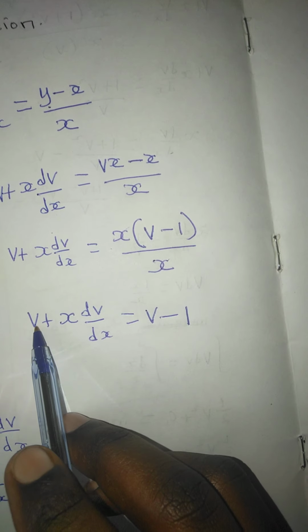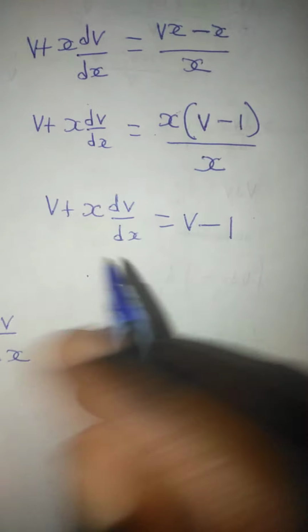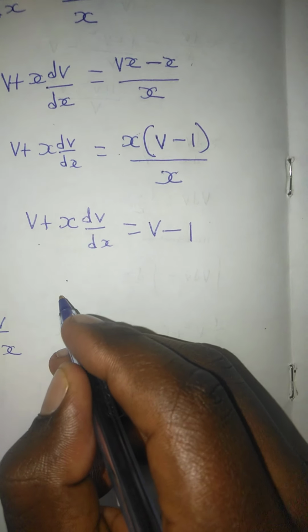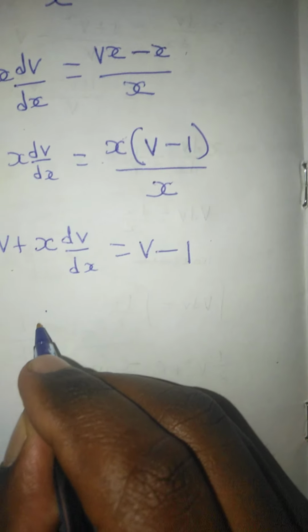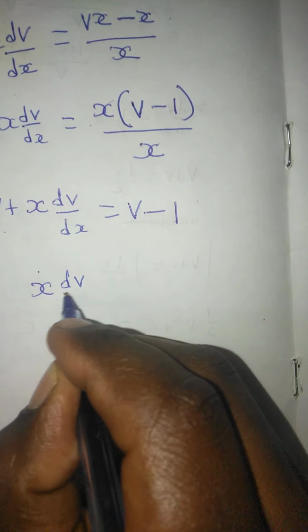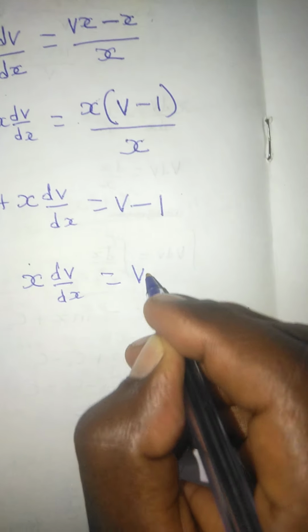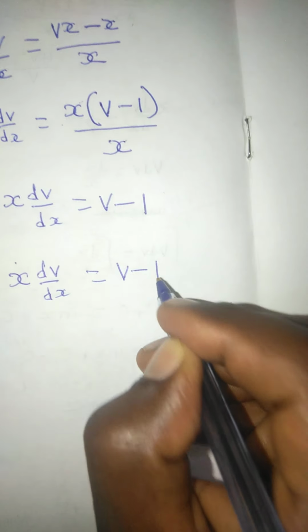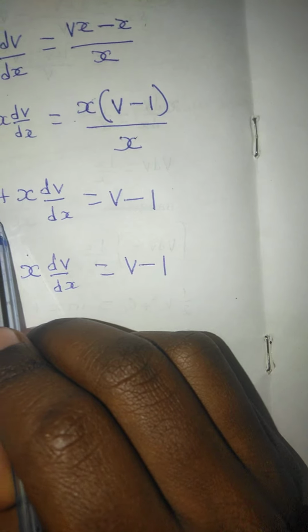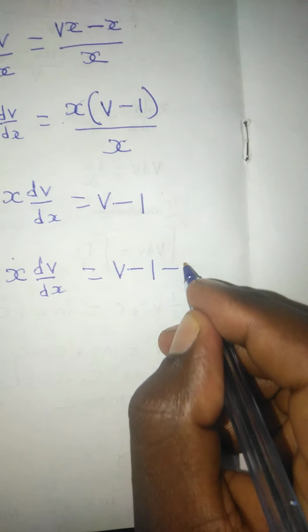So let's take this v to the other side. It will be x dv over dx is equal to v minus 1 minus v. We move this v to the other side, minus v.